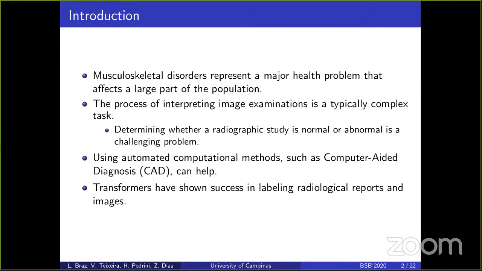And to assist in the diagnosis process, many automated computational methods, such as computer-aided diagnosis, CAD, have been explored. And recently, transformers have shown success in labeling radiological images. And recent advances in deep learning architectures have improved the performance of CAD systems, which support health experts.